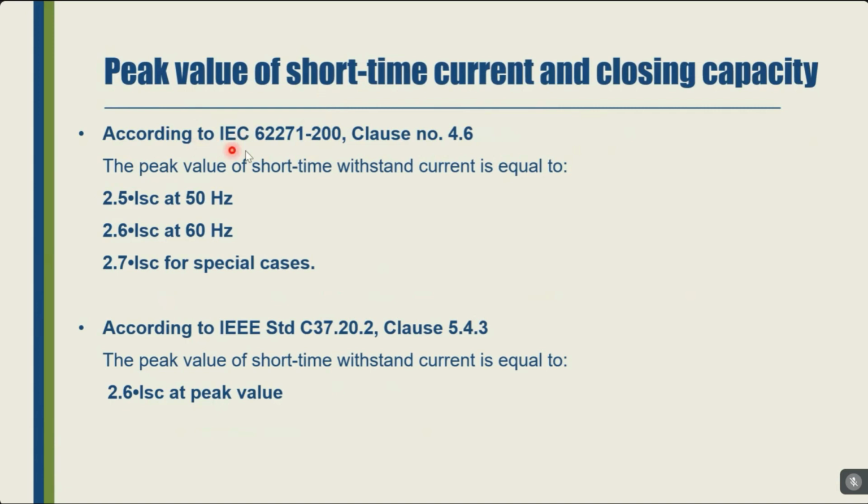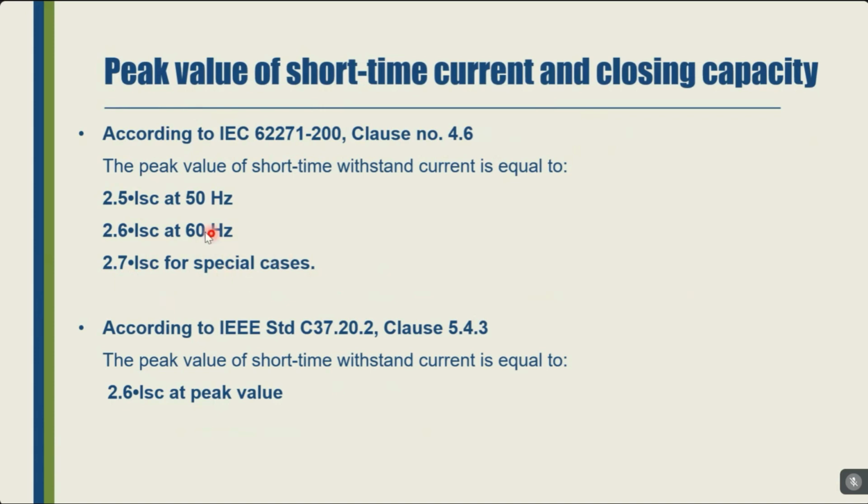So as per IEC 62271-200 clause 4.6, the peak value or making capacity of an HT circuit breaker is 2.5 times the breaking current at 50 Hz, 2.6 times the breaking current at 60 Hz, and 2.7 times for some special cases.